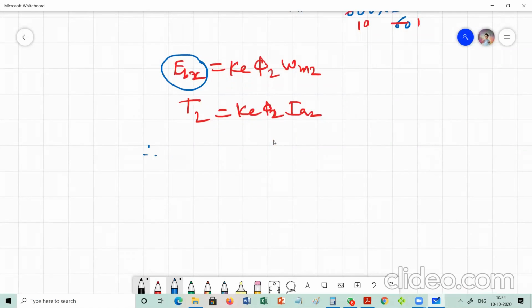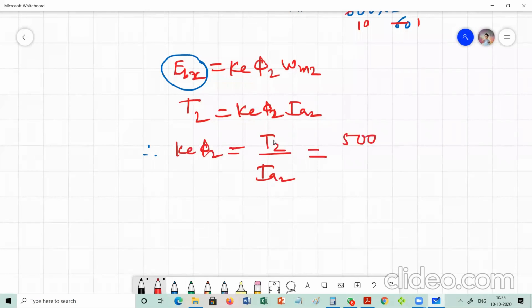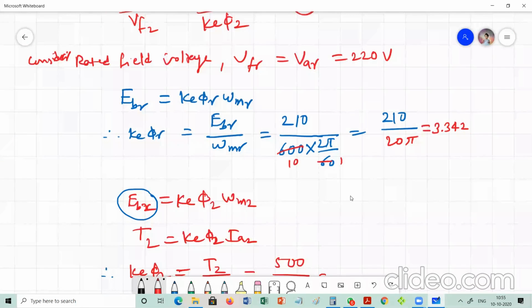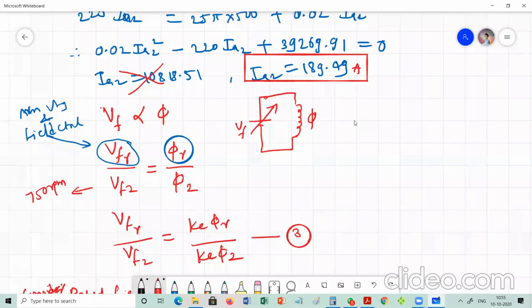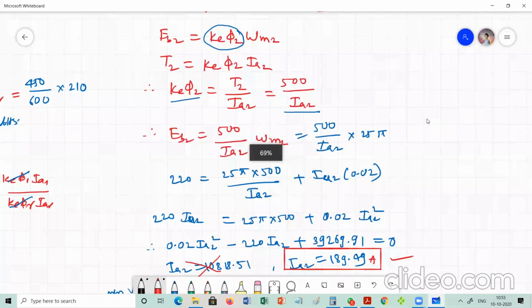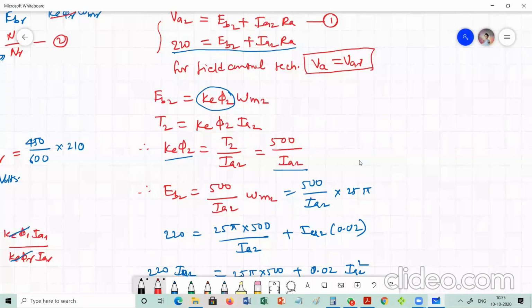Therefore Ke phi 2 is equal to T2 by Ia2, where T2 we have calculated equal to 500, and Ia2 we have calculated equal to 181.5. I will show you, this is the Ia2, and to calculate T2 we used the load torque equation.